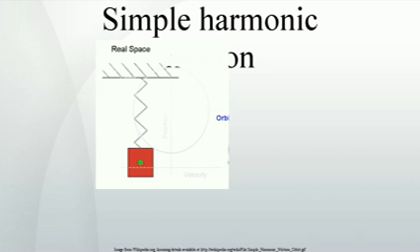Introduction. In the diagram, a simple harmonic oscillator, comprising a mass attached to one end of a spring, is shown. The other end of the spring is connected to a rigid support such as a wall. If the system is left at rest at the equilibrium position, then there is no net force acting on the mass.